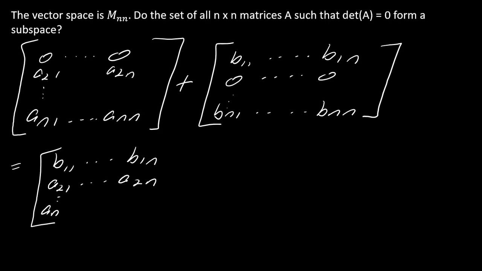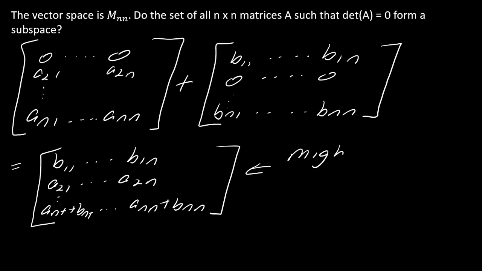Okay, so now I'm going to have AN1 plus BN1, and then ANN plus BNN.